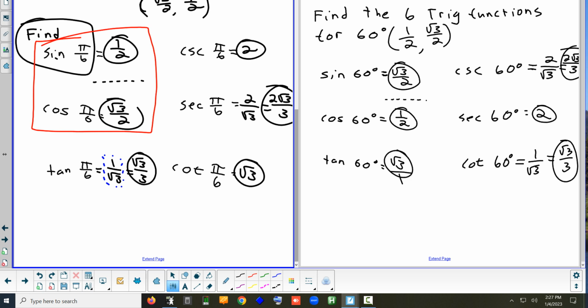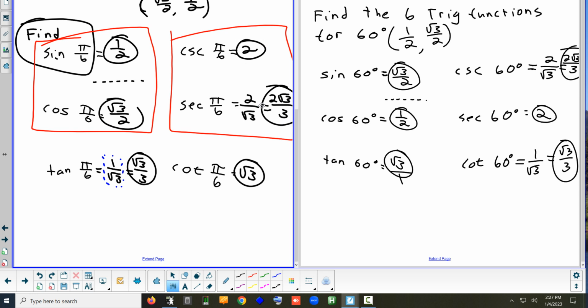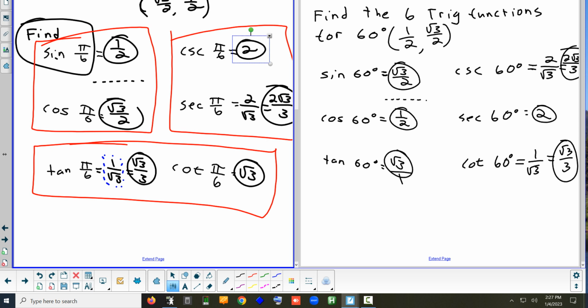So the sine and the cosine switched. The cosecant and the secant switched. The 2 went from the cosecant to the secant, and the 2 root 3 over 3 went up to the cosecant. And the tangent and the cotangent flipped. So we had root 3 over 3 on the left. Now we've got root 3 over 3 on the right. So those are what switched places.